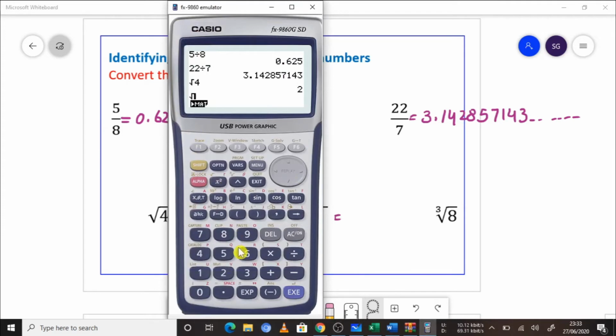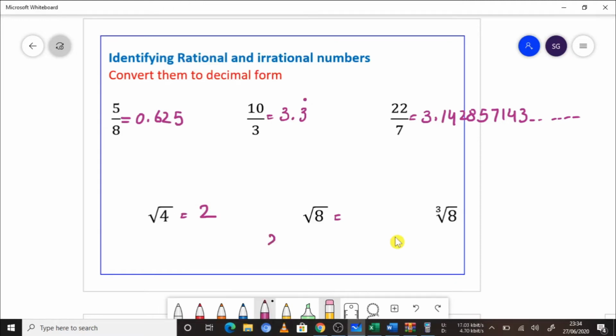So square root of 8 is 2.828427125. And again, we don't see a pattern, and this number would go on and on and on. Cube root of 8 is 2.